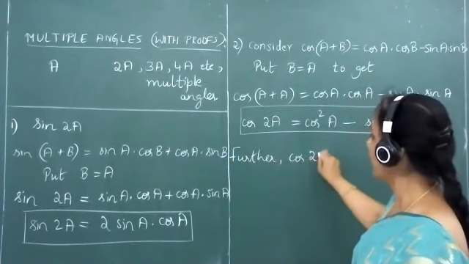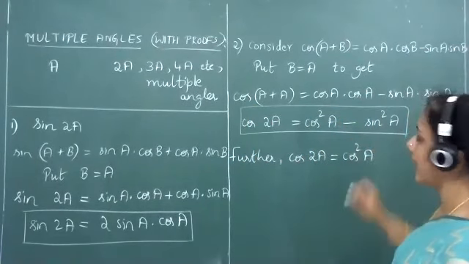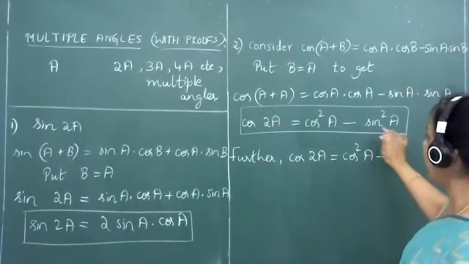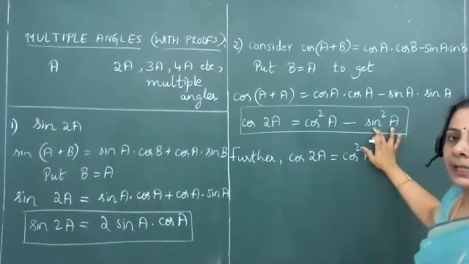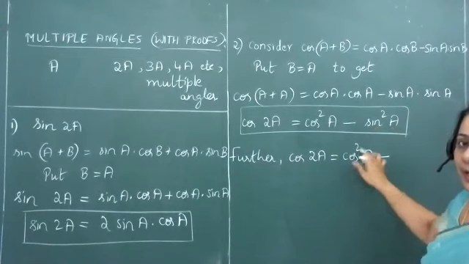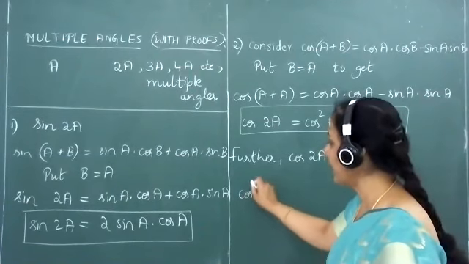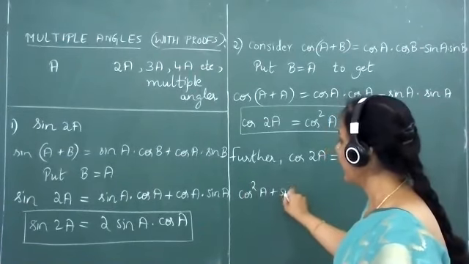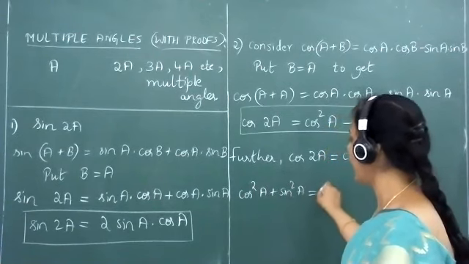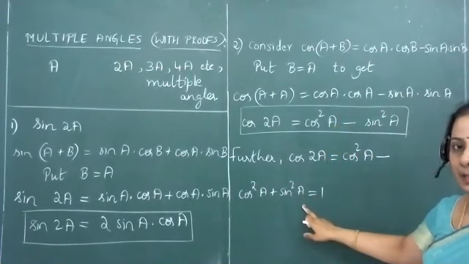Further we have cos 2A as equal to, I could retain this cos squared A as it is, and I shall rewrite the second term in the RHS, that is sin squared A, now in terms of cos squared A. And how are we going to do that? We have the first trigonometric identity, cos squared A plus sin squared A is equal to 1, which was learnt in first year class.